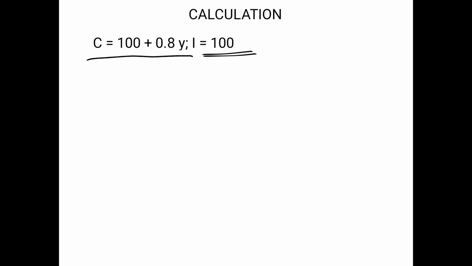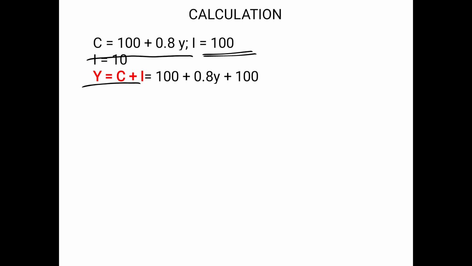Now the next one is a calculation. They have given C is equal to 100 plus 0.8y, and they have given investment I as 100. Now we are going to use a formula. What is the formula?